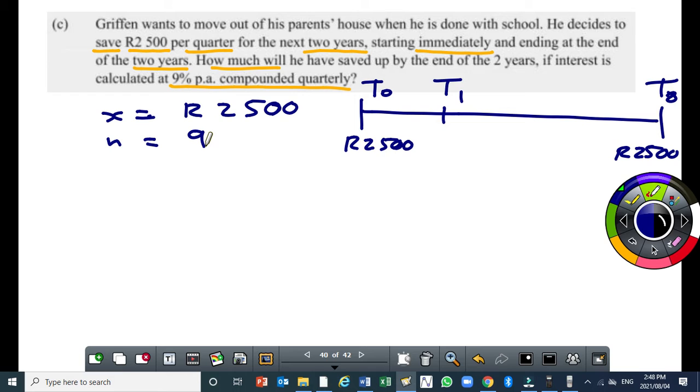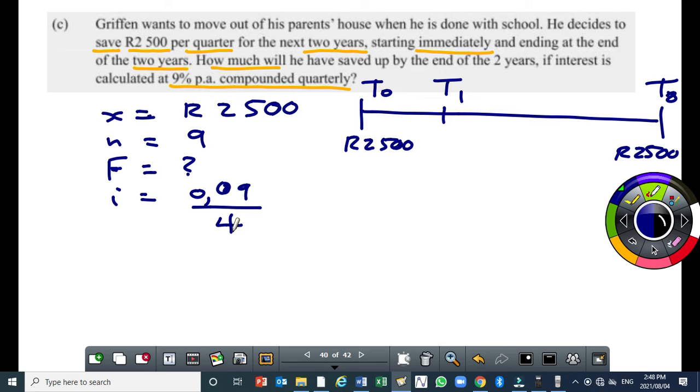Then we need to know what F is. That's the one we will calculate. Our interest rate is compounded quarterly, so that is 0.09 over 4. How many quarters are in 2 years?